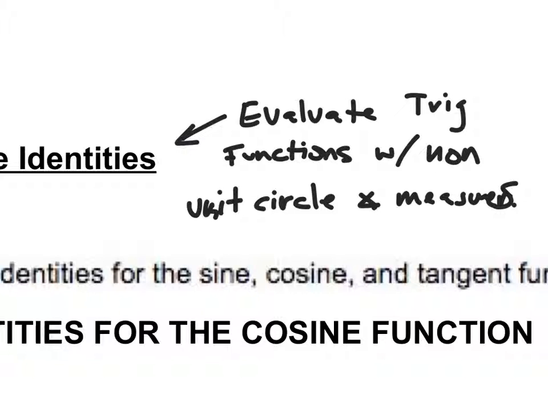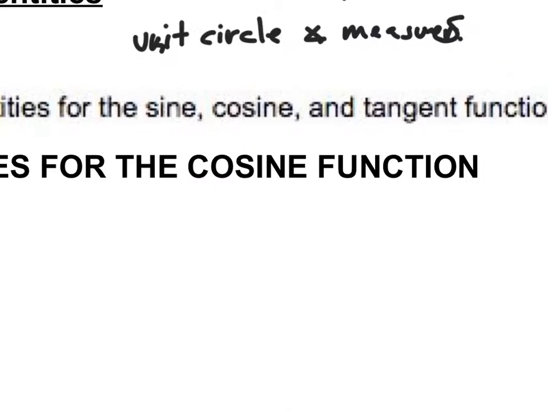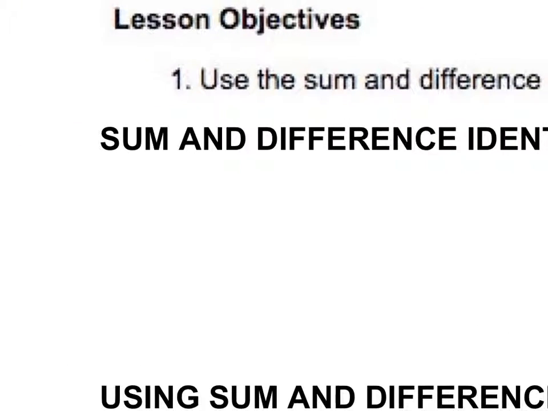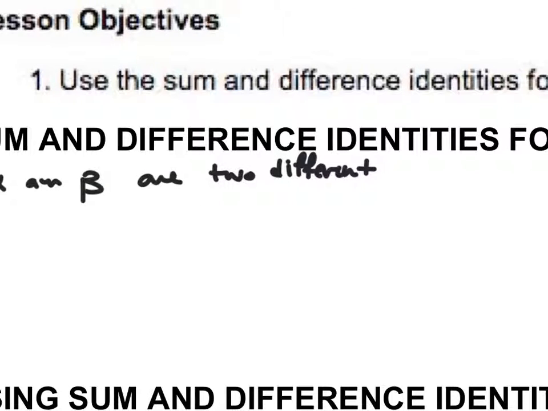So let's do this, okay? The sum and difference identities for the cosine function. Let's use alpha and beta, which are two different angle measures.